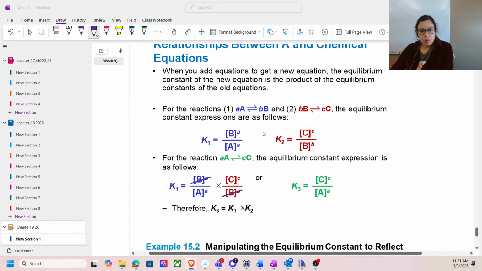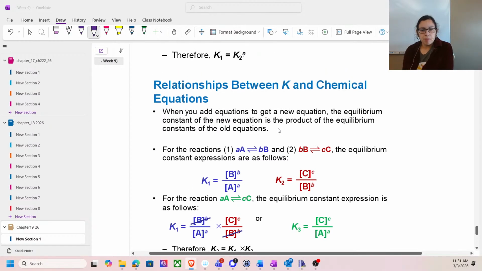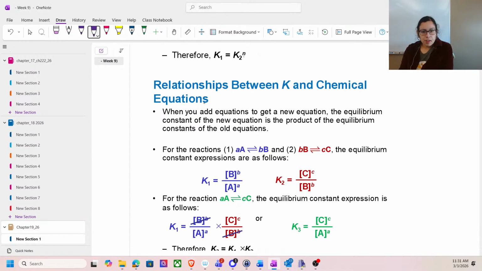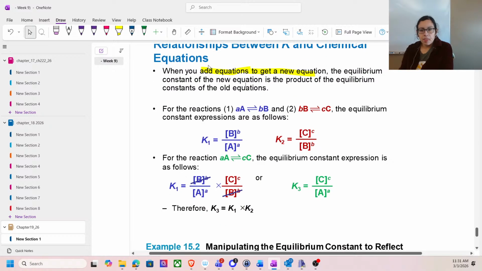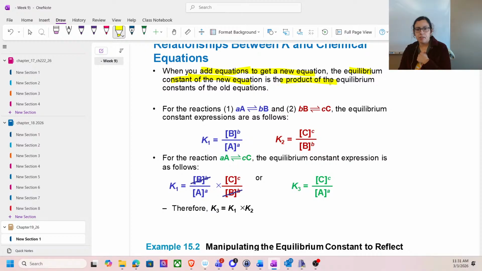And then what if we have this relationship, and we're saying, what if we add equations to get a new equation? Then the equilibrium constant of the new equation is the product of the equilibrium constants of the old equations.